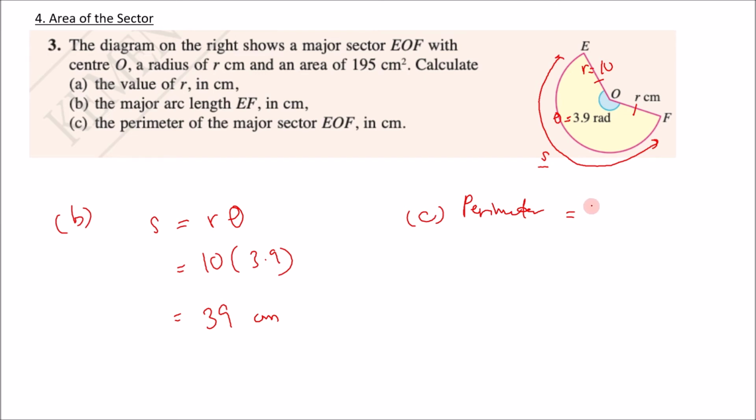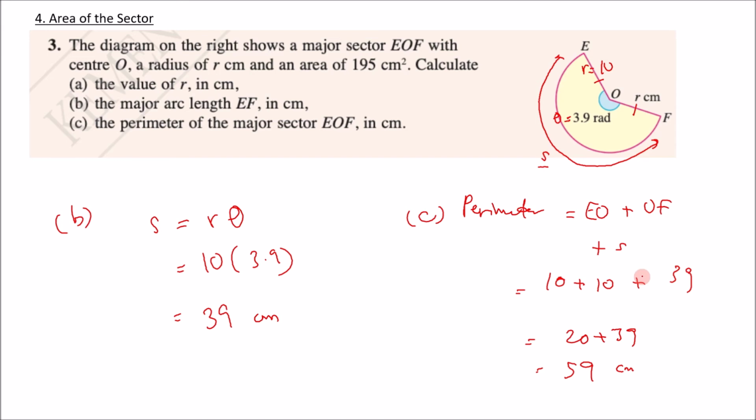So EO plus OF plus the S, the arc length. So we should get 10 plus 10 plus S, which is 39. 20 plus 39 should be 59 cm.